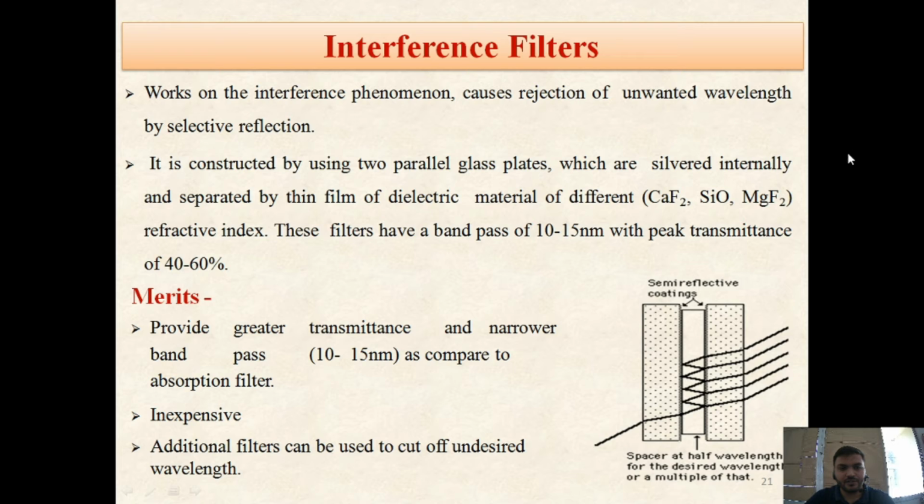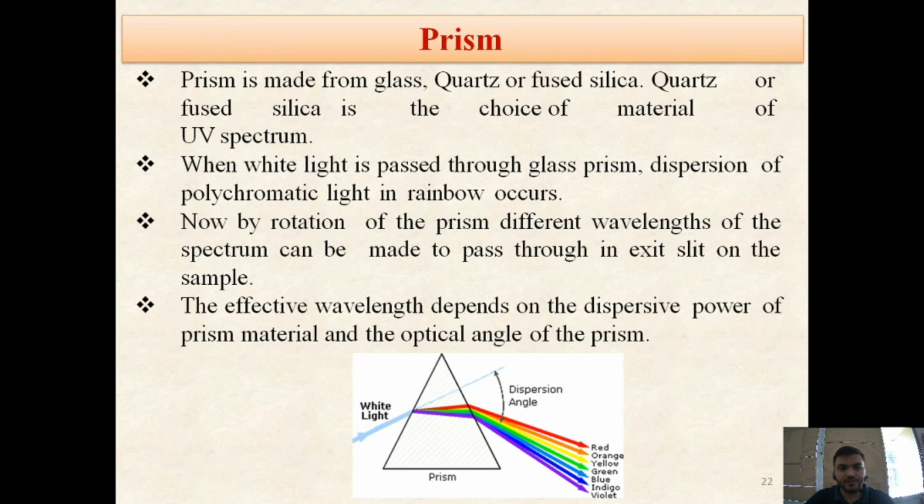These filters have a band pass of 10 to 15 nanometer with peak transmission of 40 to 60%. This is an interference device. Merits: provide greater transmittance and narrower band pass, that is 10 to 15 nanometer, as compared to absorption filter. This is inexpensive. Additional filters can be used to cut off undesired wavelengths.